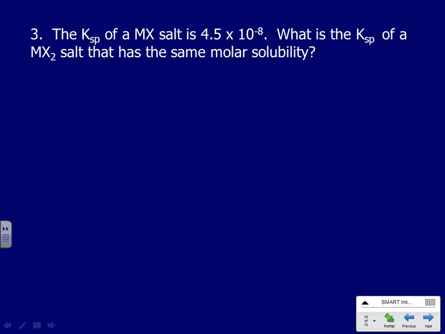I said at the beginning it usually means the smaller the Ksp, the less soluble it is. But this one straight up compares two Ksps. So the Ksp of an MX salt is 4.5 times 10 to the minus 8. What would the Ksp be of an MX2 salt that has the same molar solubility?